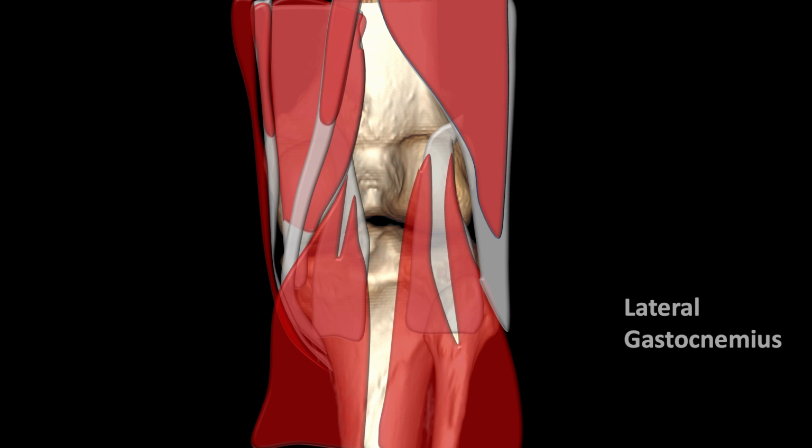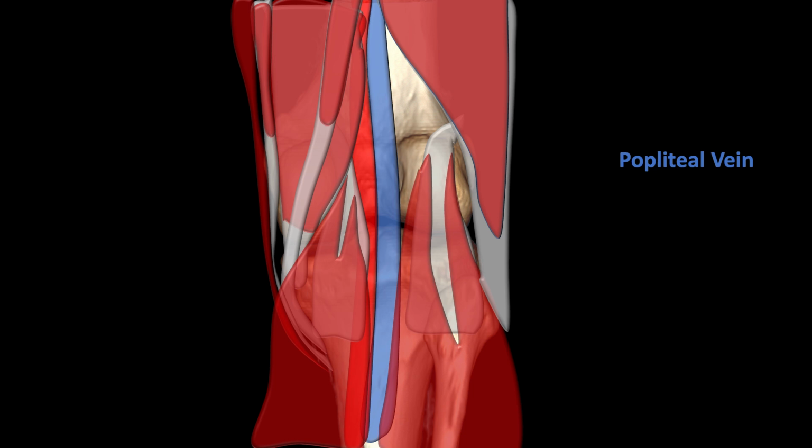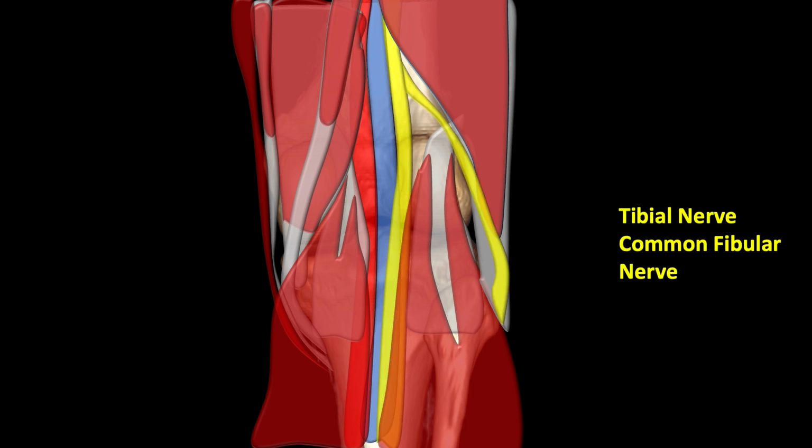In the middle of this diamond is the neurovascular bundle, with the popliteal artery being the deepest. A bit more superficial and in contact with the artery is the popliteal vein, and even more superficial is the division of the sciatic nerve into the common fibular nerve and the tibial nerve.